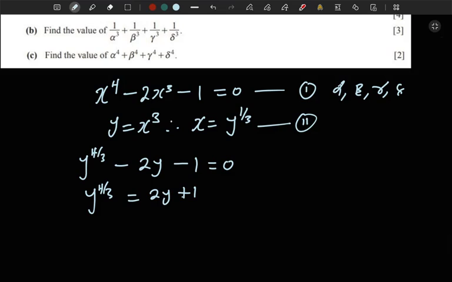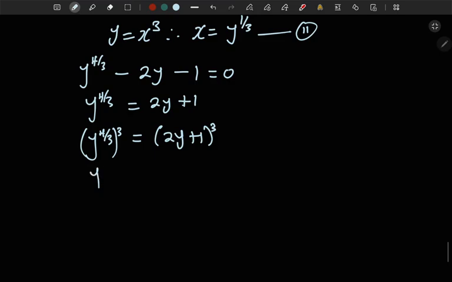In order to get rid of the non-integer power, you can take the cube of both sides, so y raised to the power of 4 over 3 all cubed equals 2y plus 1 all cubed. So this becomes y raised to the power of 4, and by expansion this gives 8y cubed plus 12y squared plus 6y plus 1.